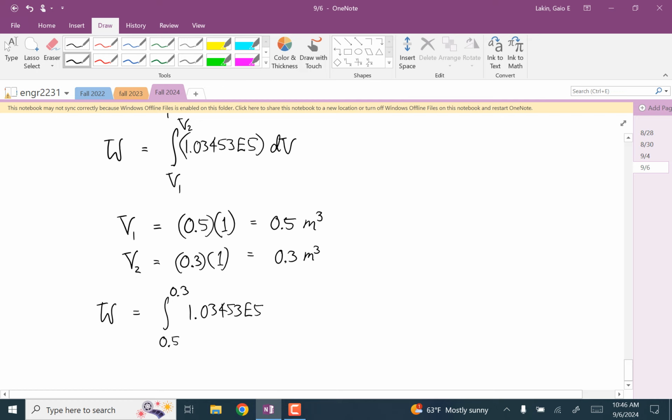The integral of 1.03453 times 10 to the 5th dV. Do we expect this work to be positive or negative? Yeah, negative, because it's contracting in this case.